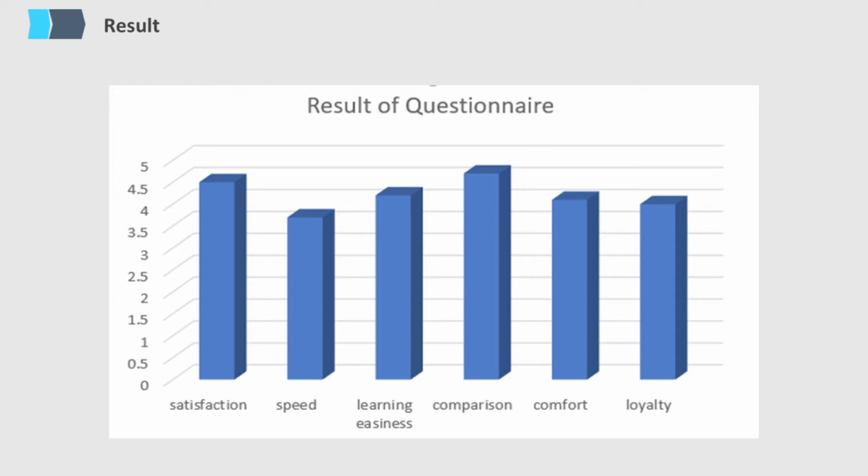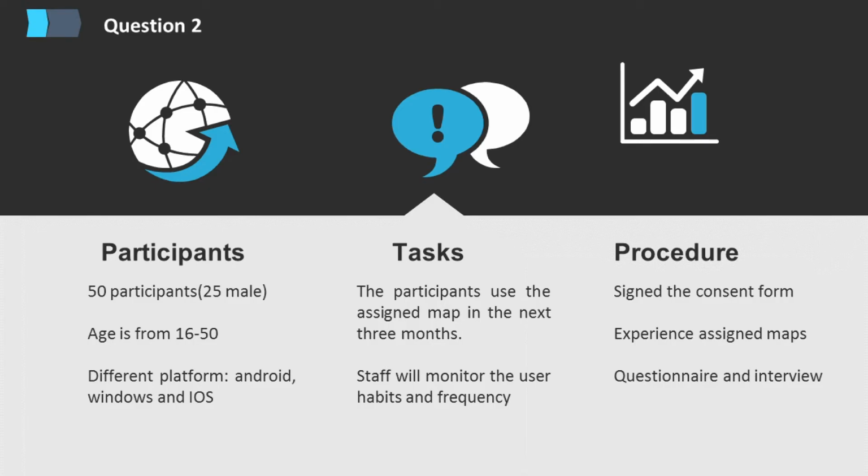So for question 2, how frequently are the interactive maps used? Could mobile users get used to the interactive map? There are 450 participants taking part in the experiment, whose age is from 16 to 50. 25 people are male and the others are female.